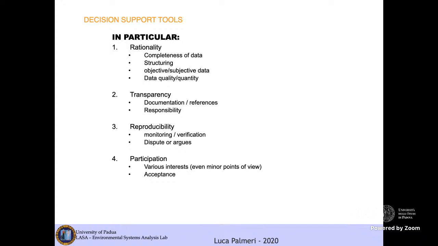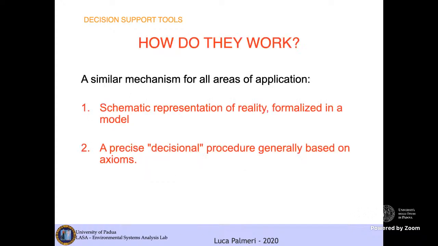And finally, participation ensures that various interests, even of minor points of view, are included in the decision, and participation is a fundamental aspect in order to make the decision process as acceptable as possible.